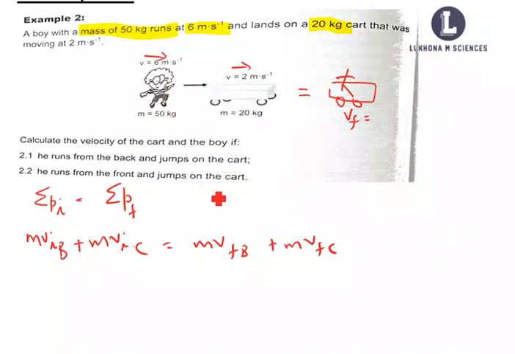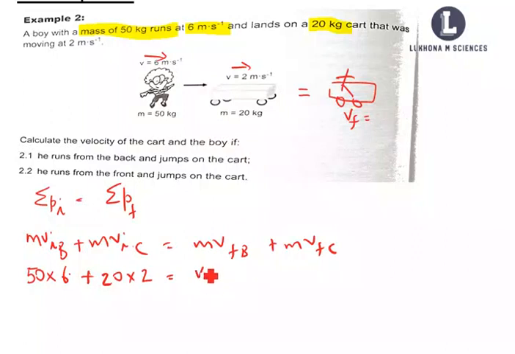So let's substitute. The mass of the boy is 50 kgs. The initial velocity is 6, plus the mass of the cat is 20 kgs times the initial velocity is 2. Now we can take out the common factor because they have the common velocity.